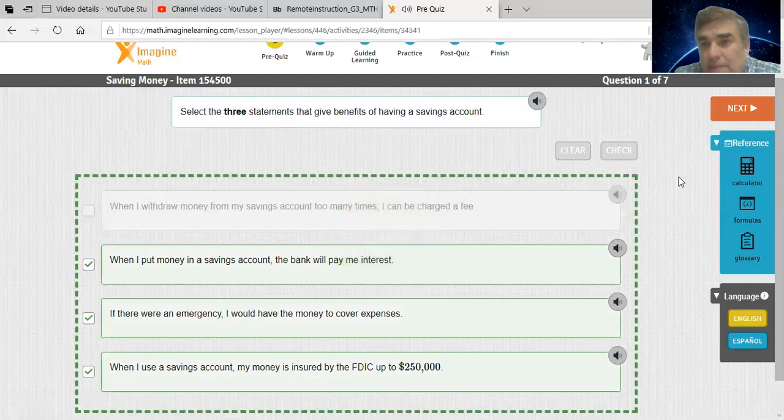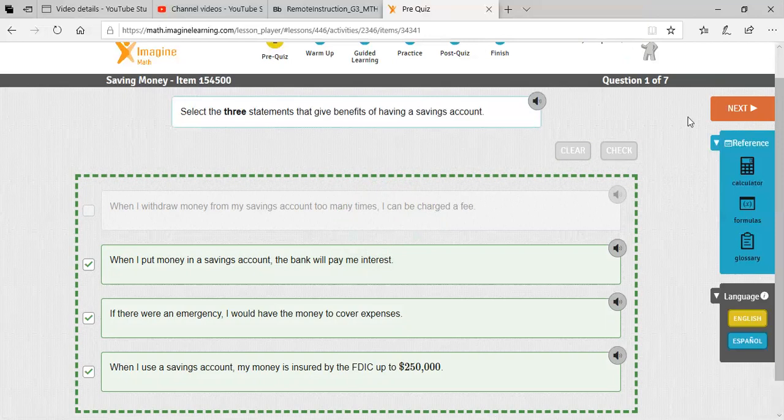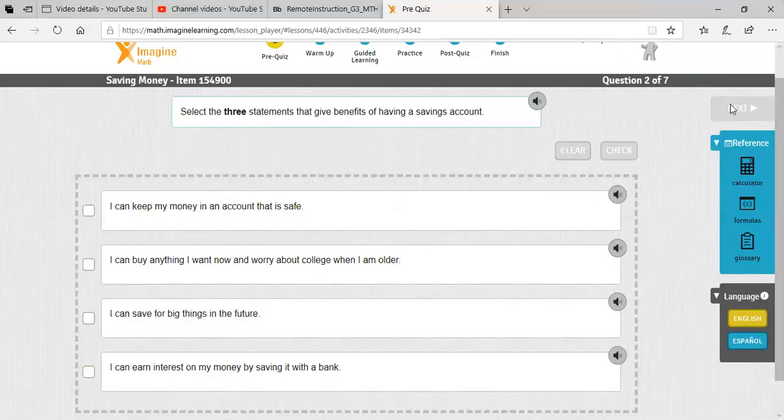All right. Let's go to the next question. Select the 3 statements that give benefits of having a savings account. Well, let's talk again about the benefits.